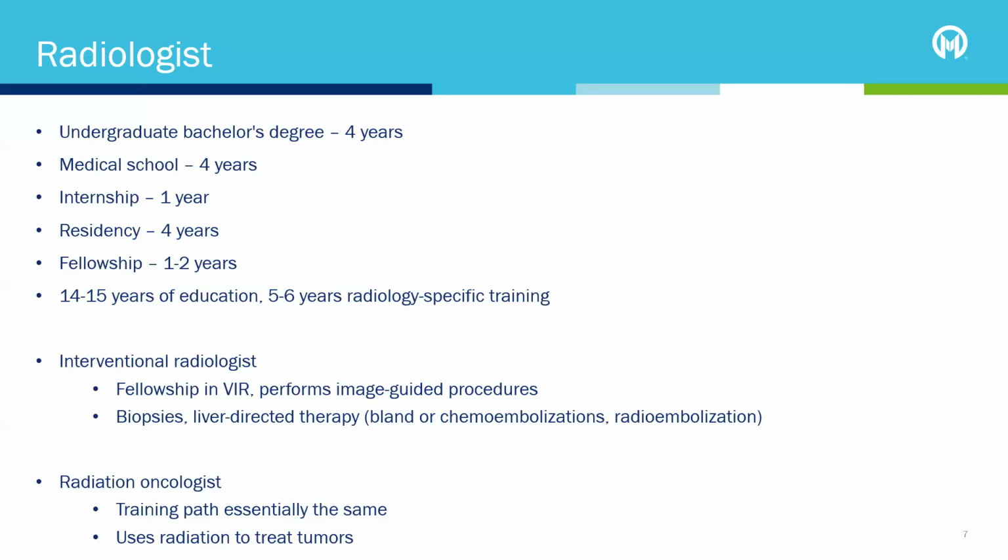They're the only ones who put catheters, small tubes, inside veins and arteries to actually do therapies that way. For a neuroendocrine tumor patient, you might encounter them when they're doing a biopsy, or probably more often if you had to have what we call liver-directed therapy, where medicines or things that stop blood flow or radioactive particles are introduced directly into the liver through the arteries to treat tumor in the liver.